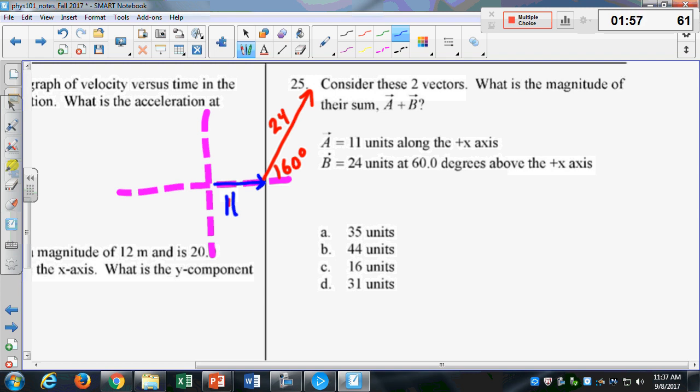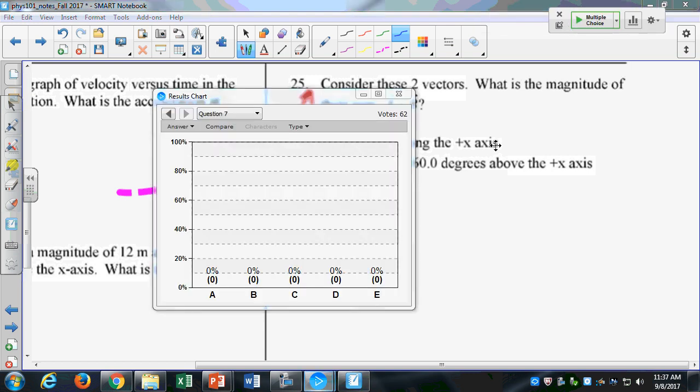Just a few more seconds. 2:05, I'll stop it. Hey, good job.